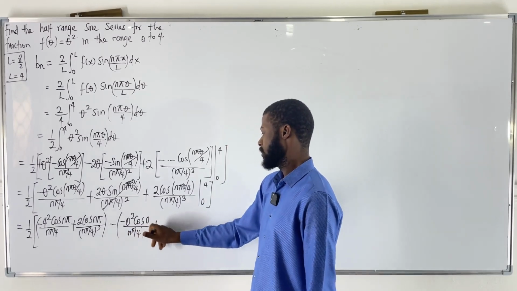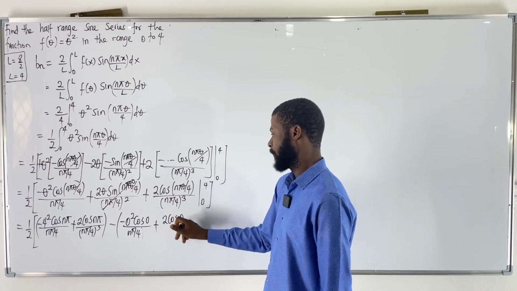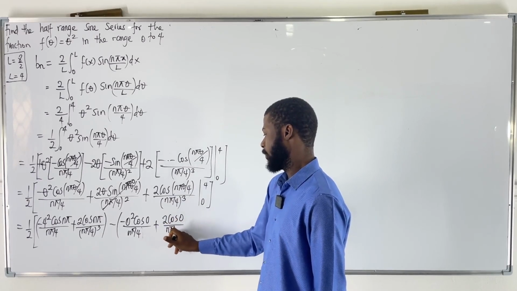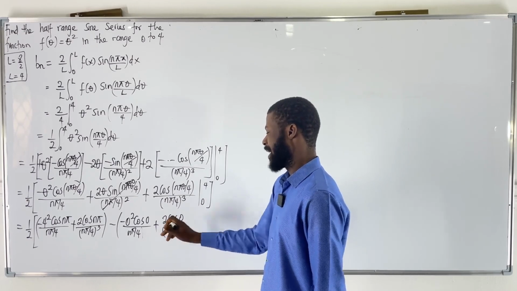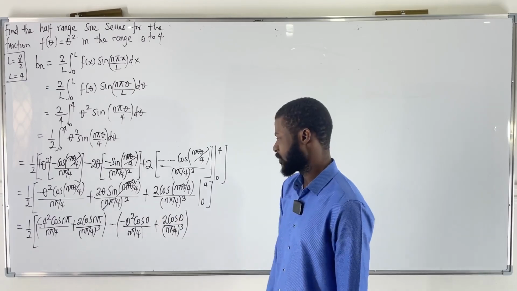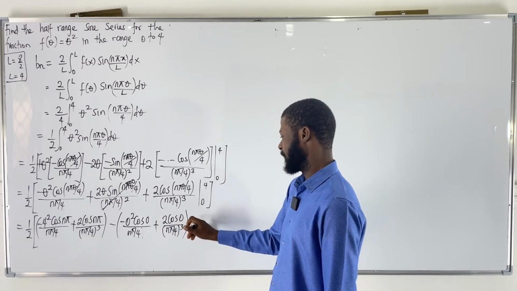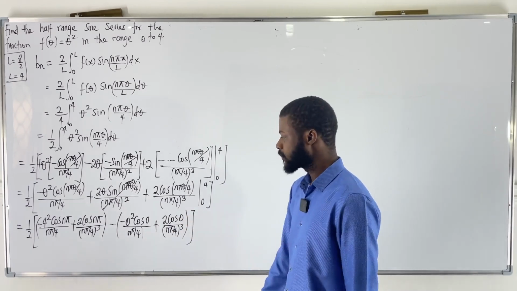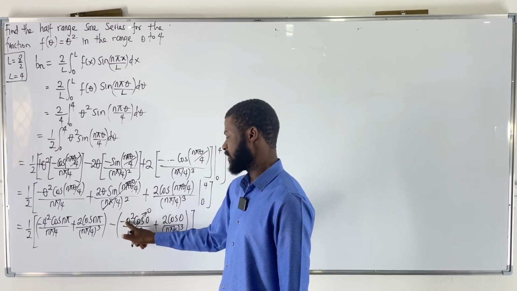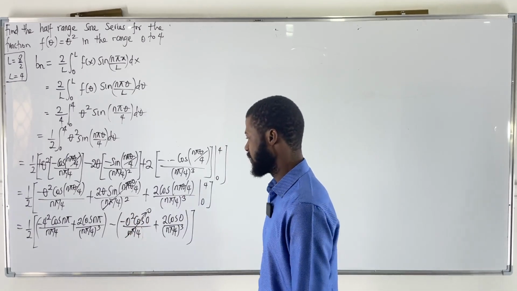Then plus, this is 2 cos, this will still be 0, divided by (n pi over 4) cubed. I was thinking this would be beautiful, but it's not beautiful, actually. Okay, and then I'm going to close that up. Now we know this is 0, because 0 squared is still 0, and 0 times this will give us 0. So basically, everything there will be 0.